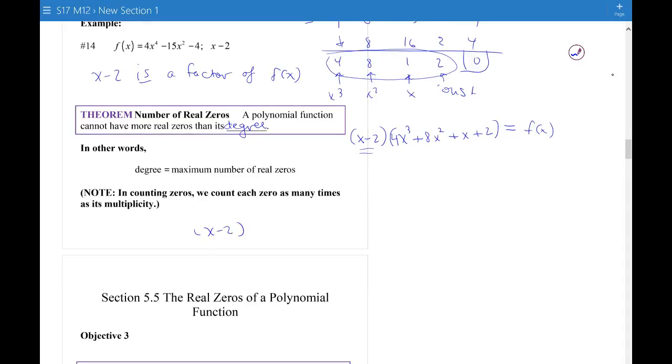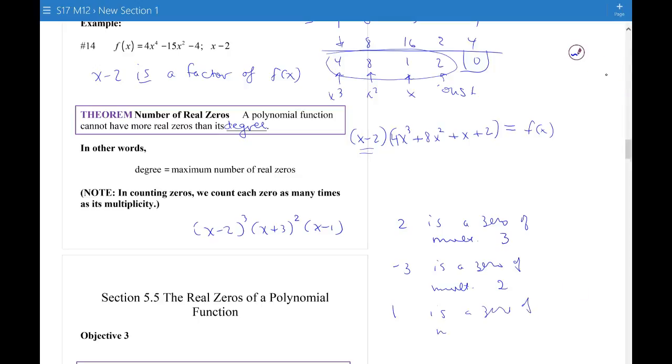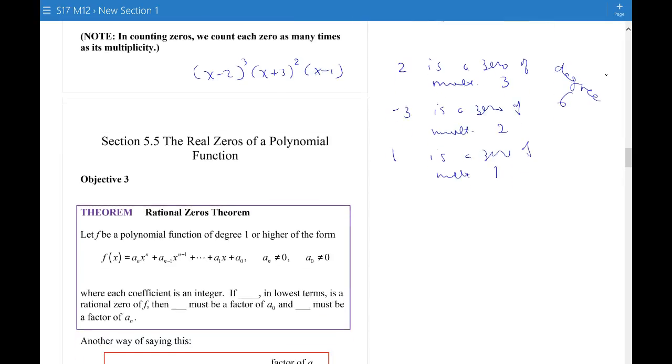So if we have x minus 2 cubed times x plus 3 squared times x minus 1, we would say 2 is a zero of multiplicity 3, negative 3 is a zero of multiplicity 2, and 1 is a zero of multiplicity 1. So we have degree 6. We count the multiplicities.